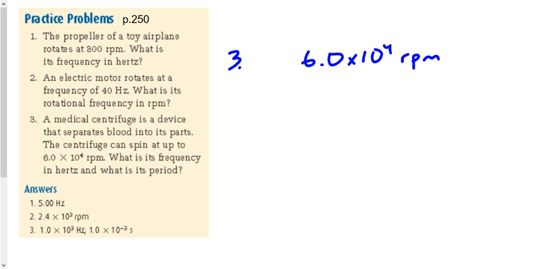Is that how long it takes for a rotation, or is that the number of rotations per unit time? It's the frequency, yeah. Now, it's not the frequency in the units that we want. We want the frequency in rotations per second, right? So let's do that. How are you going to get the frequency in rotations per second, or in hertz? If it's 6 times 10 to the 4 times in a minute, then how many times is it in a second?